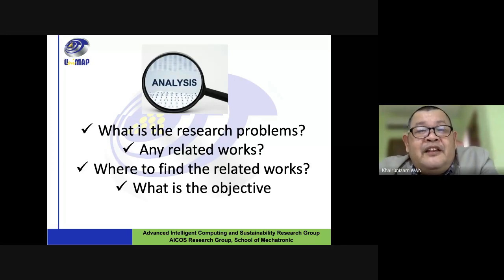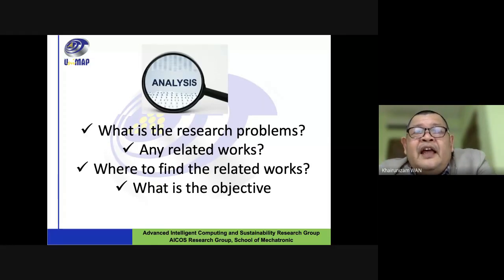You have to read the articles published by previous researchers to identify the research problem. If you wrongly identify the research problem, your hypothesis is not correct, your experimental design is not correct, and your result is also not correct. That's why the research problem is very, very important.